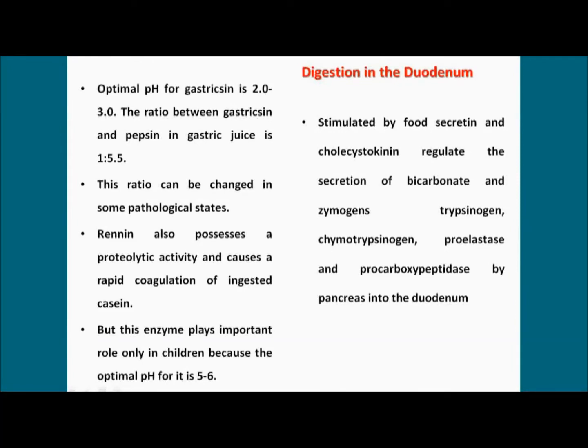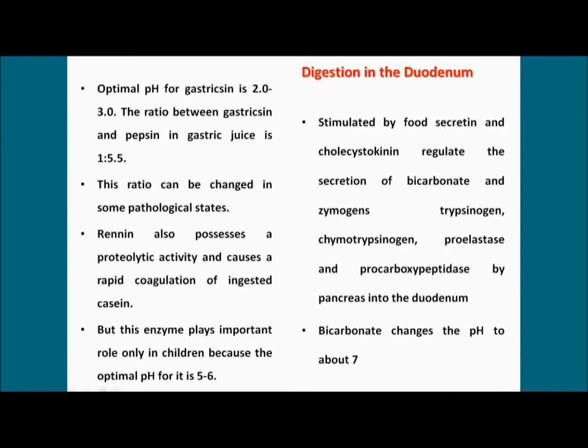This bicarbonate plays an important role in the duodenum. So, stimulated by the food, secretin and cholecystokinin regulate the secretion of bicarbonate and the zymogens trypsinogen, chymotrypsinogen, proelastase and procarboxypeptidase by the pancreas into the duodenum. I am going into details regarding this in the next slide.